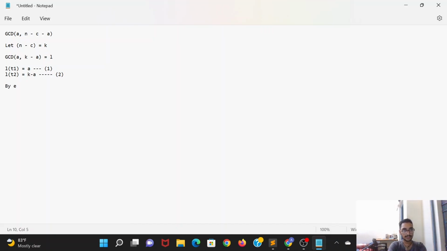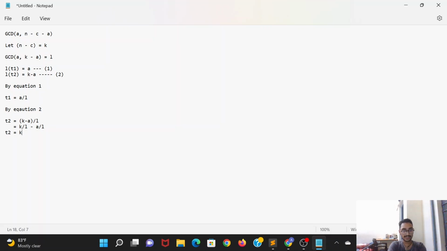So by equation 1, we get T1 equals A by L, and by 2, we get T2 equals K minus A by L. So this is basically K by L minus A by L. Now A by L is actually T1.